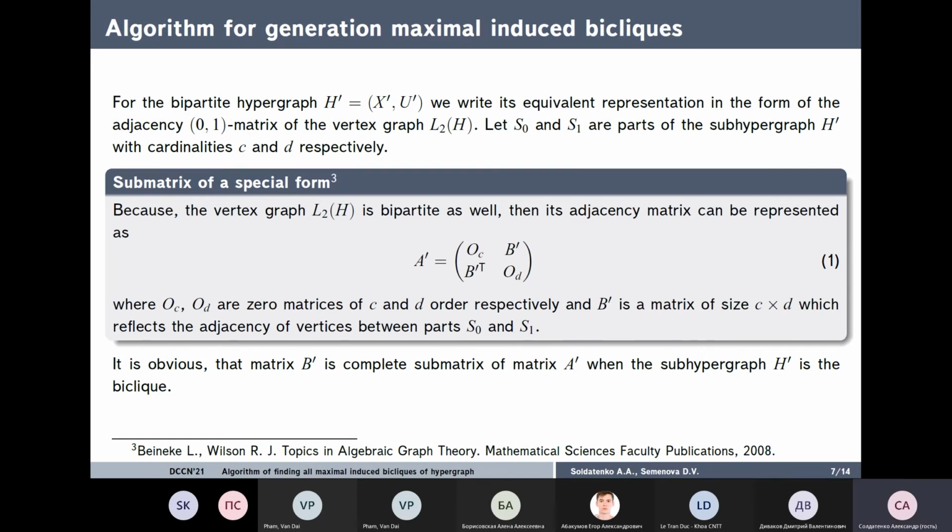It is known that bipartite hypergraphs can be written in the form of the binary matrix of the vertex graph. Moreover, such a matrix will have form 1. Obviously, for complete bipartite hypergraphs, the submatrices B prime will be complete, that is, they consist only of ones.